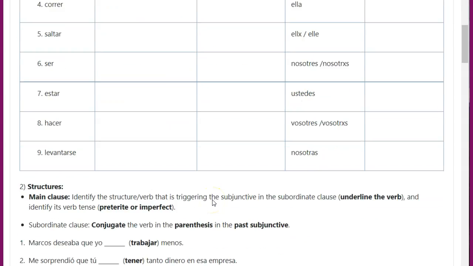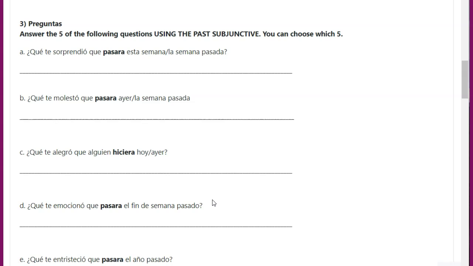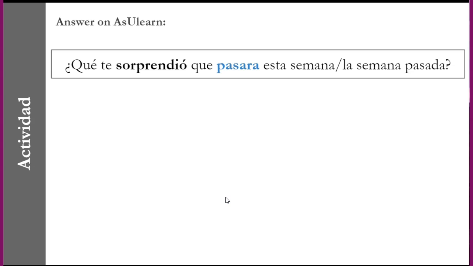So the next exercise is number 3, and I'm asking you to answer 5 of the following questions using the past subjunctive. You can choose which 5, and I'm gonna go one by one because I'm gonna give an example for each one. So the first one is, ¿qué te sorprendió que pasara esta semana o la semana pasada?